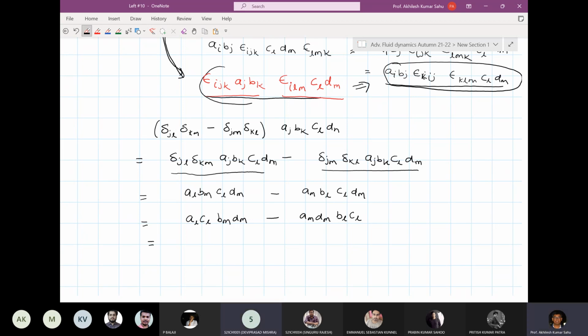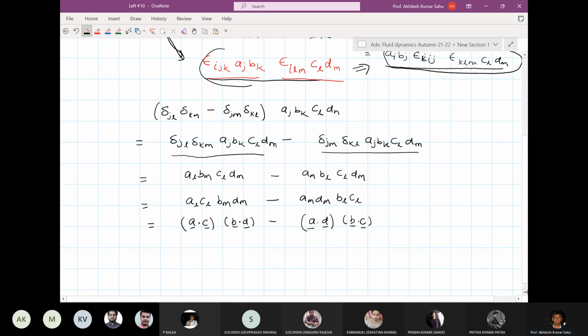A dot C. And then the index for B and D are same, so it will be B dot D. Minus A dot D, B dot C, right? So which is your right hand side. So this is how we can verify using the index notation.